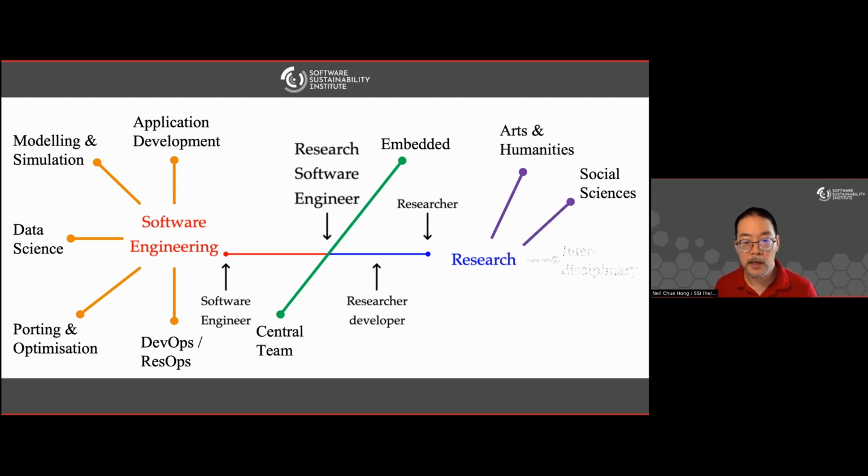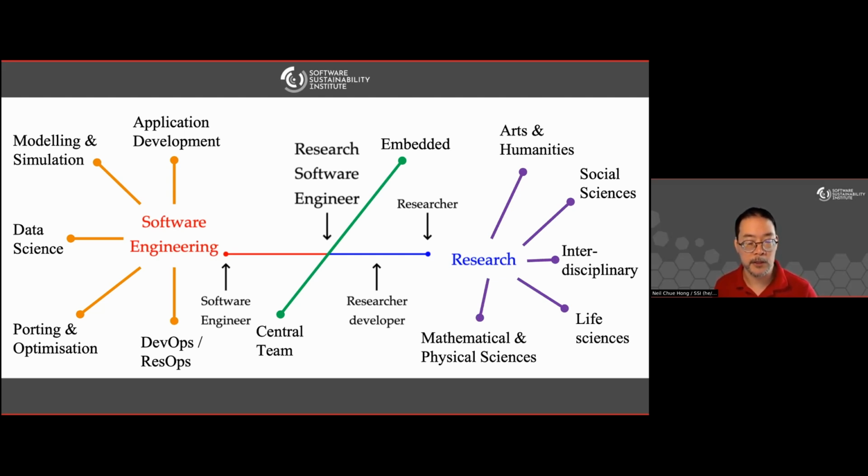And then obviously we have a much larger diversity of the fields in which research software engineers operate. It used to be the case that most research software engineers could be found in the physical sciences, particularly in physics and chemistry, but now we see them in all sorts of fields, from things like the creative arts to law to divinity to social sciences.